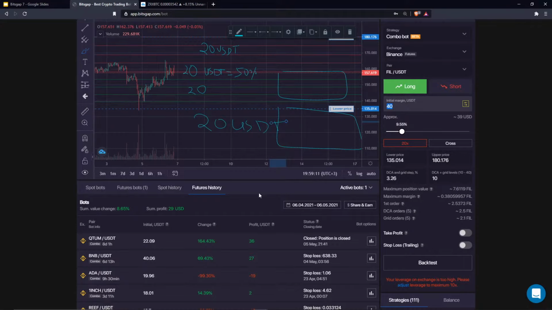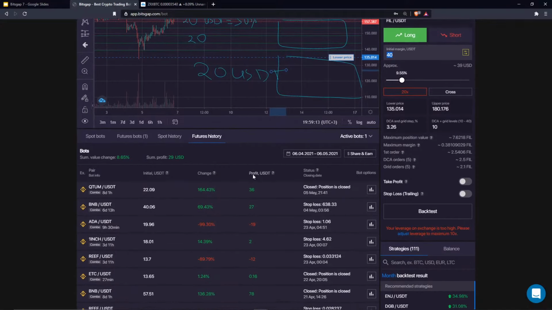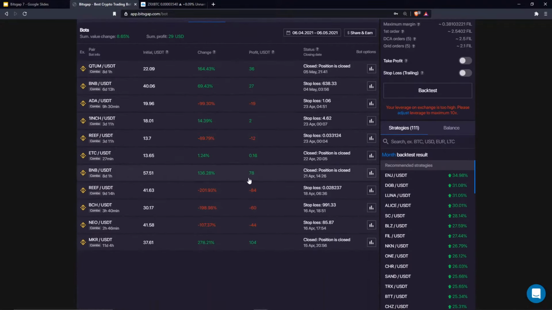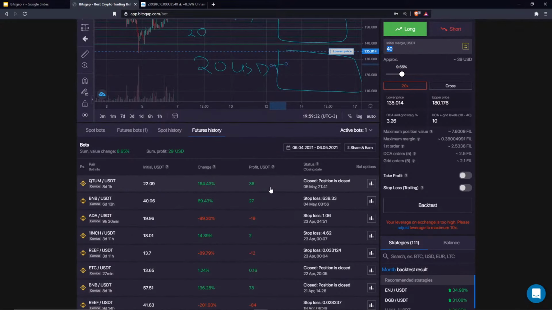That's why you can see some unfortunate cases where you lose double what you invested. So in my case, 41 invested and I lost 84 in total. Same here, I invested 30 and I lost $60. So that's the thing about the combo bot: stop loss here is very crucial.